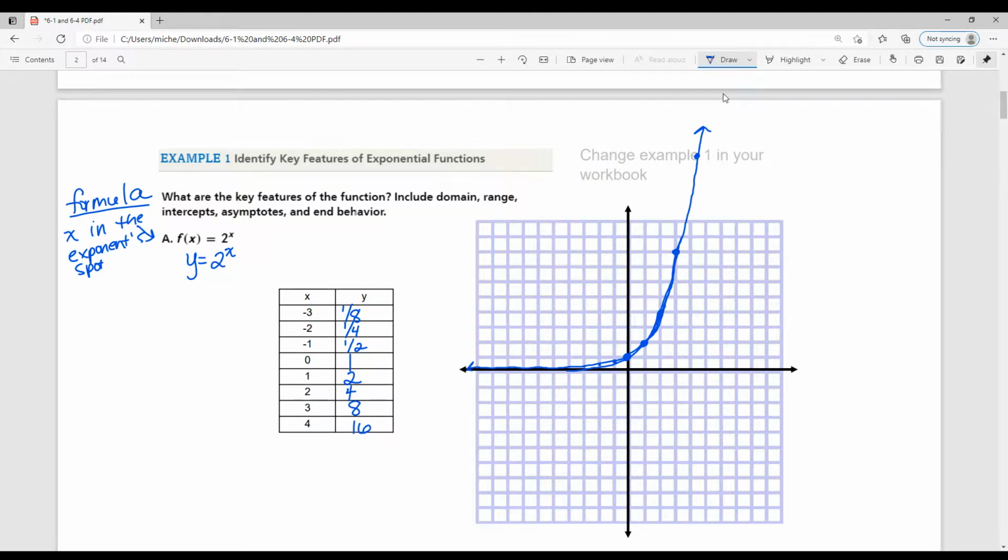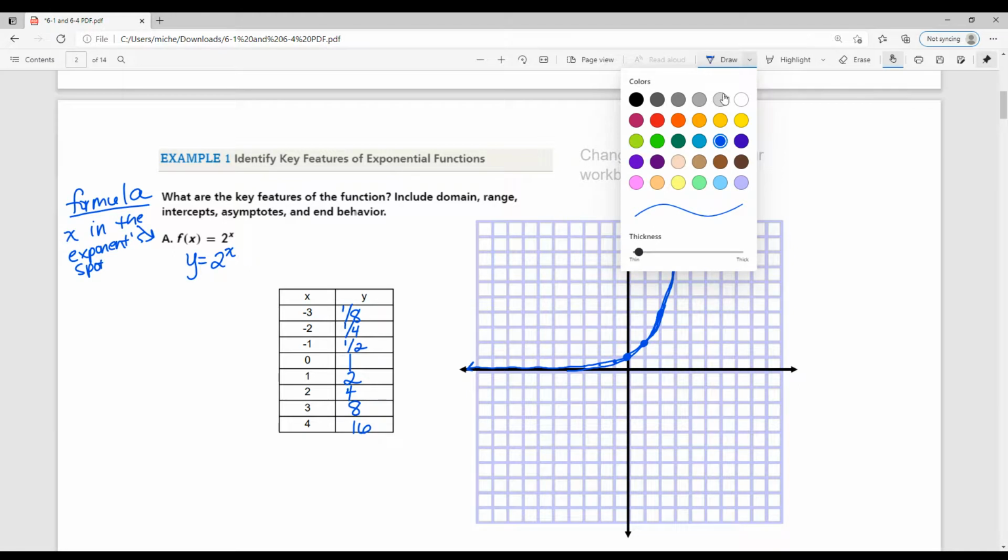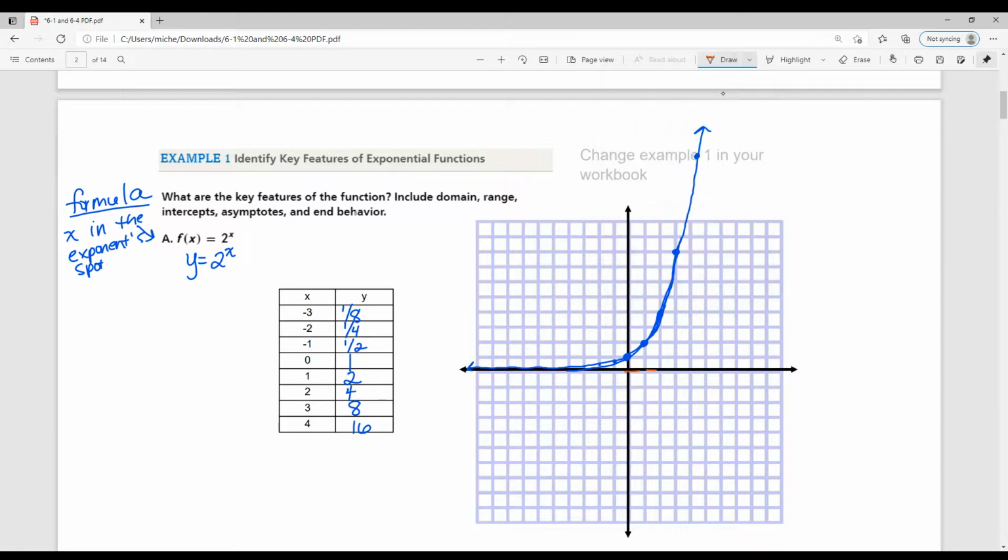If they never touch 0, then that means that we have a horizontal asymptote at the line y equals 0. So right here, horizontal asymptote at y equals 0.